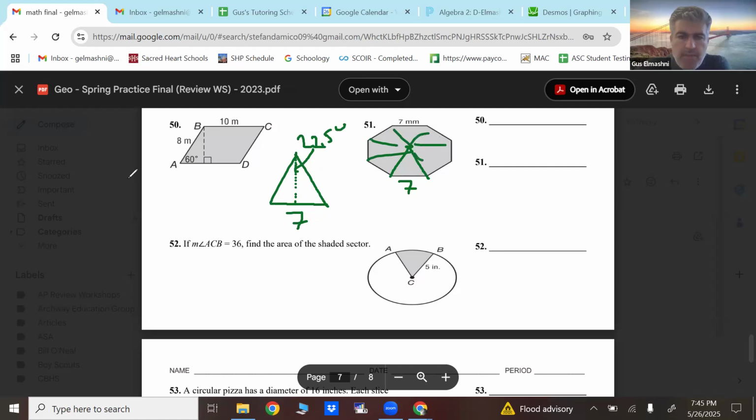And then that's 3.5, so I could update that.